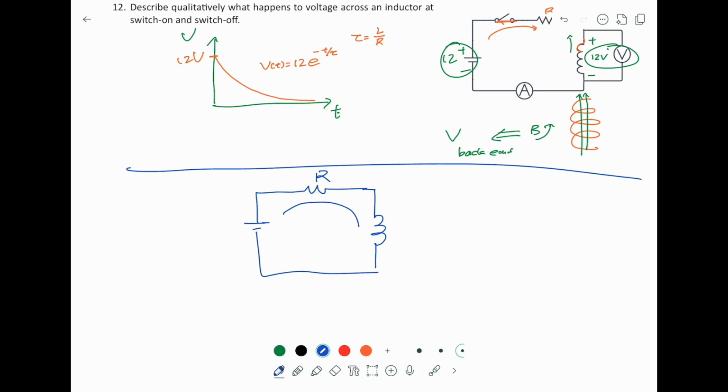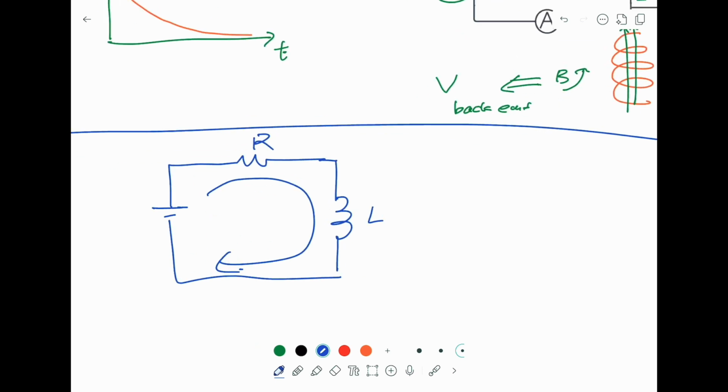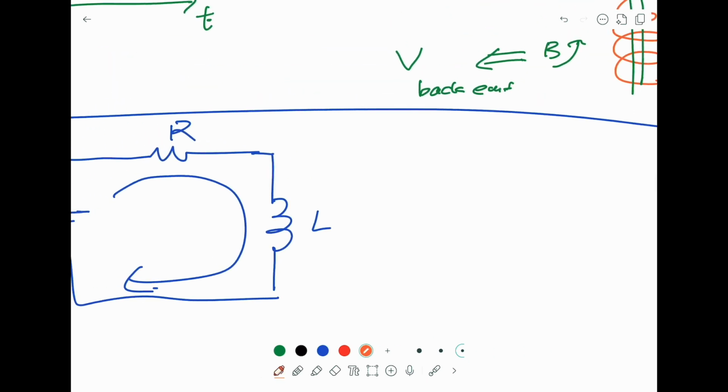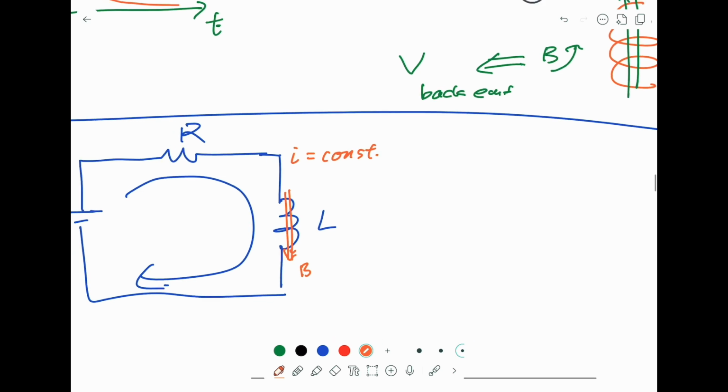So there's a constant current flowing through R and L. But L itself is like a coil, so there's no voltage drop in the ideal case, but you still develop a magnetic field inside the coil. But the magnetic field inside the coil won't change because the I is constant at this stage. So it's static, and I is equal to V over R, Ohm's law.